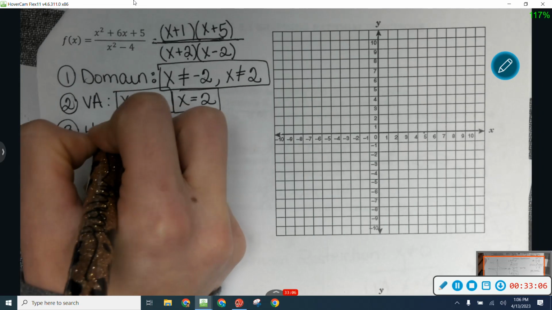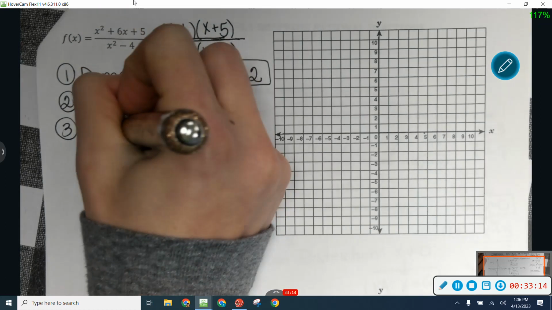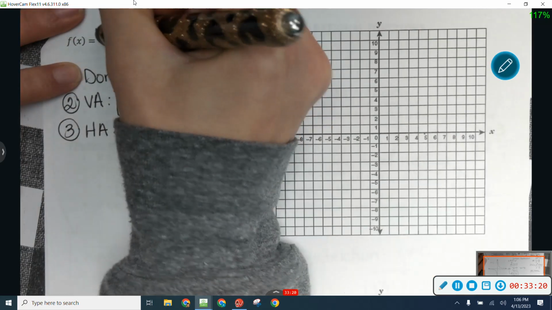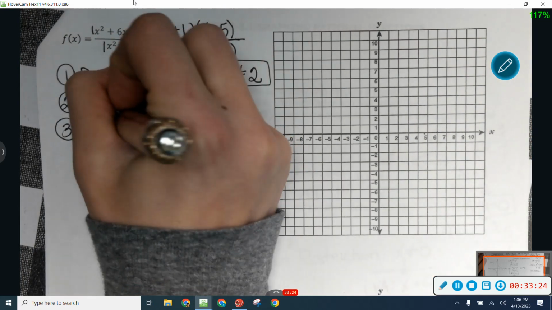My horizontal asymptotes, what do you notice about the degrees of the numerator and denominator? They're the same. They're equal. So I need to do a ratio of my leading coefficients. So my horizontal asymptote is 1 over 1, which is just y equals 1.